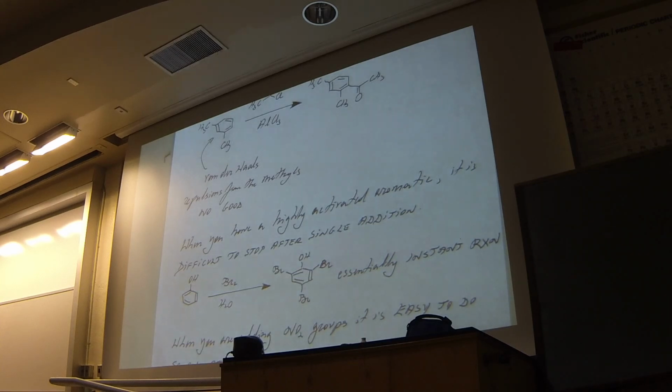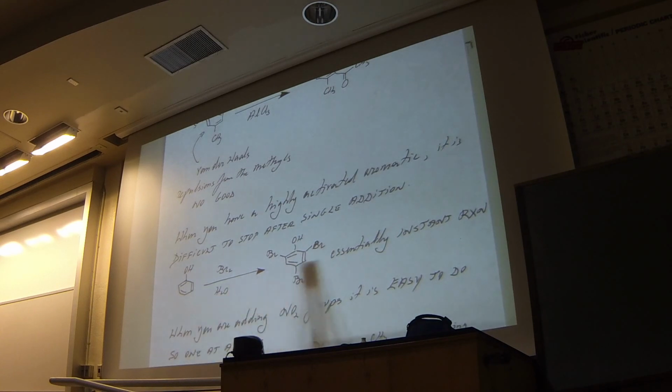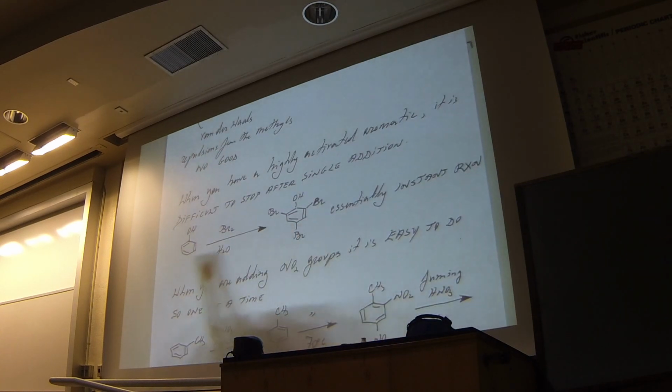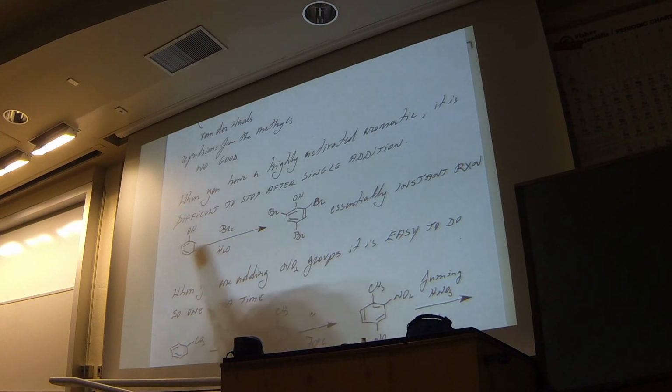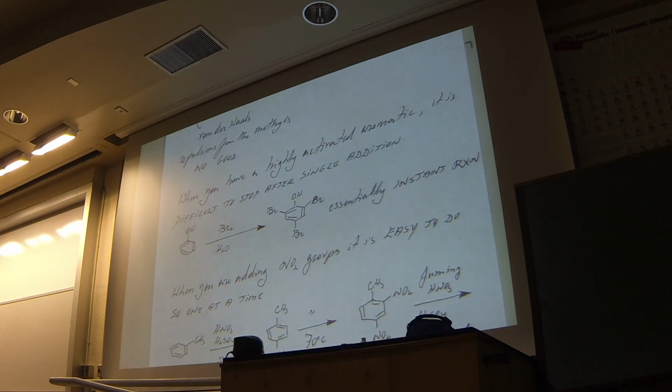Believe it or not, some of them are still useful today. There are times when you need to know those because for various reasons the instrumental techniques fail. So this is an example of a highly activated aromatic that you really can't stop after the first substitution. You can do it, but it's a bit tricky.